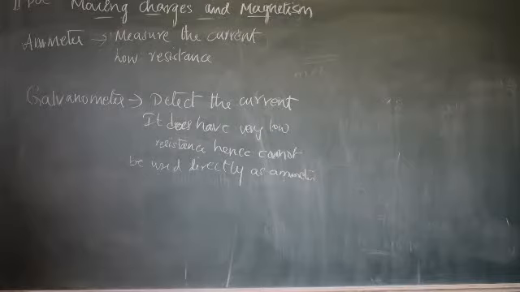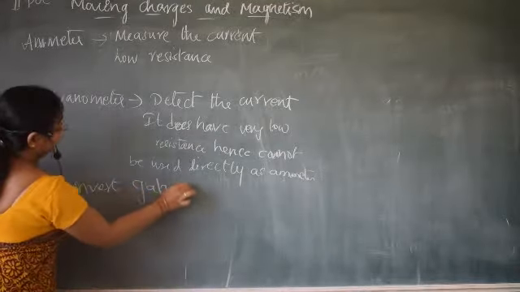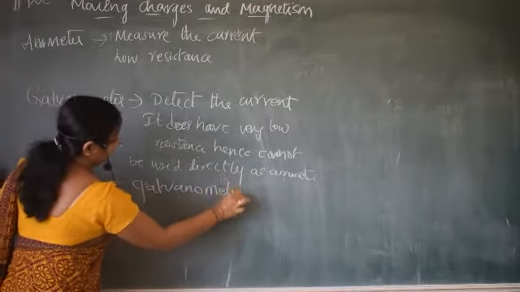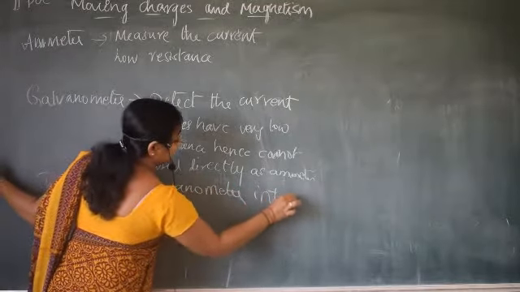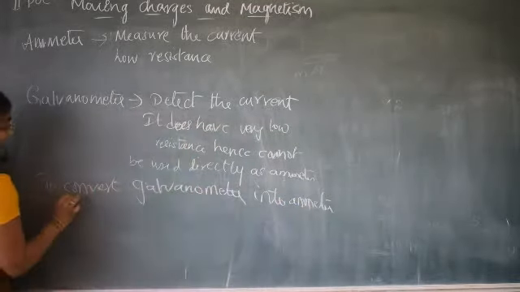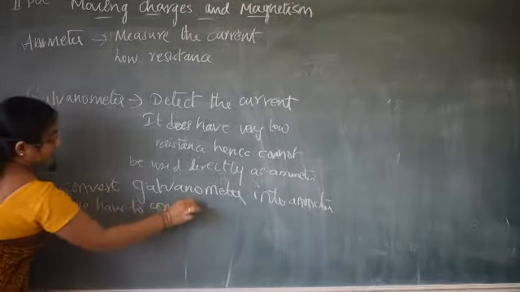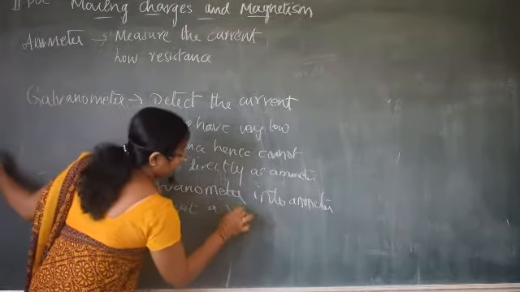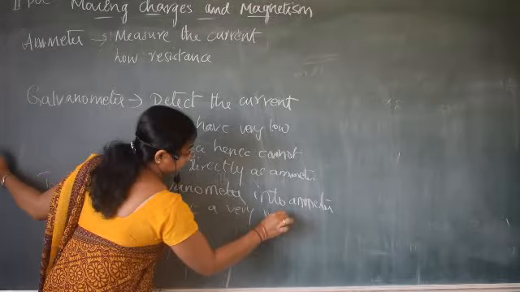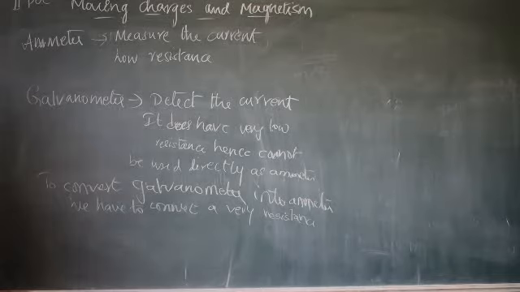We have to connect a very low resistance to convert the galvanometer into an ammeter. We have to connect a very low resistance in parallel with the coil.